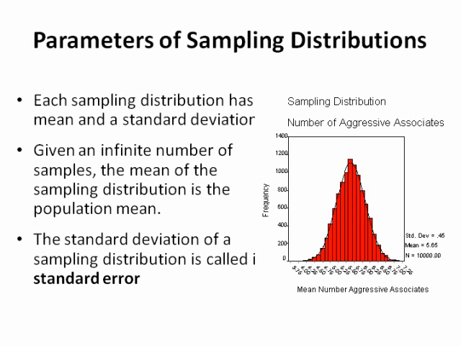If we have an infinite number of samples, then the mean of the sampling distribution is our population mean. In other words, as the number of samples increases, the more the sampling distribution begins to look like the population mean. Another name for the standard deviation of our sampling distribution is standard error.